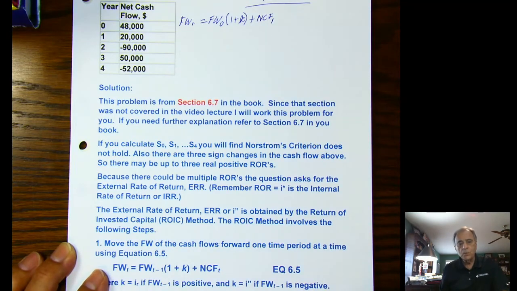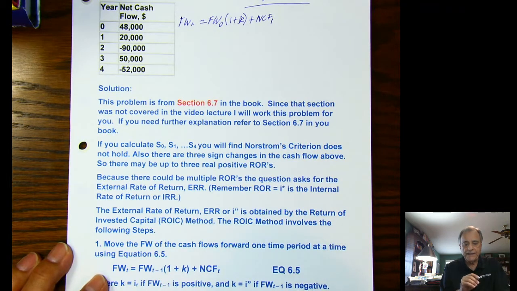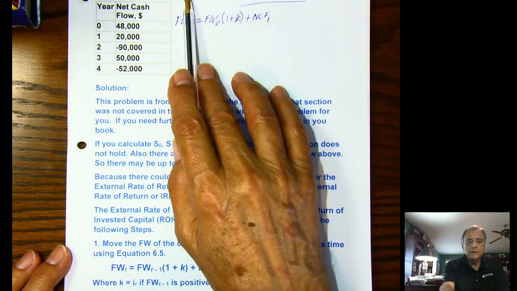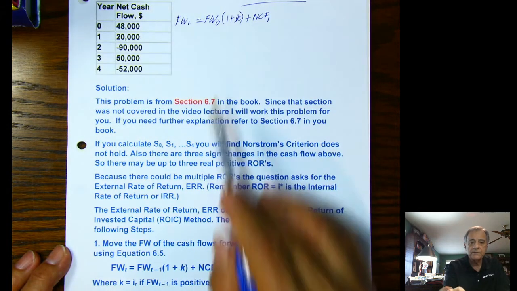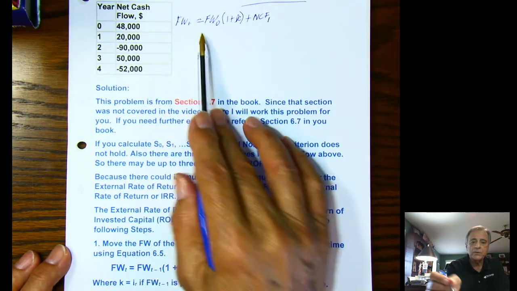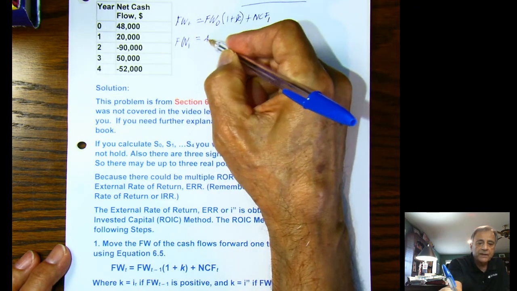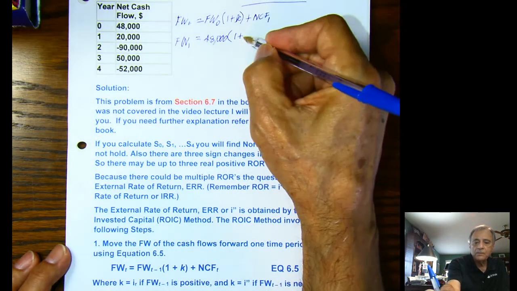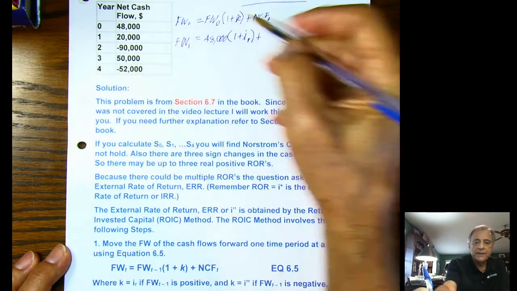Okay, so what's the future worth at time 0? It's plus $48,000, and this says that K equals the reinvestment rate I sub r if this is positive. So this is positive, it's plus 48, so the future worth at time 1 equals 48,000 times 1 plus I sub r plus the net cash flow at time 1, which is 20,000.